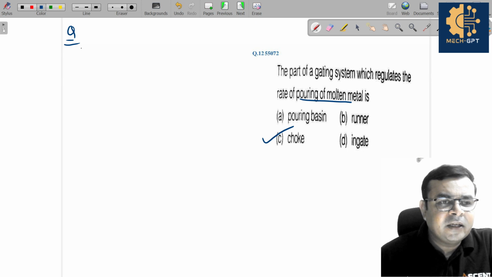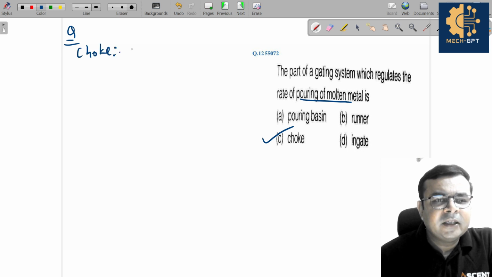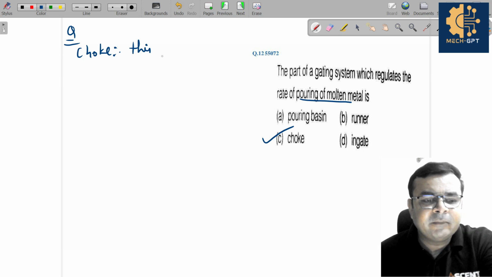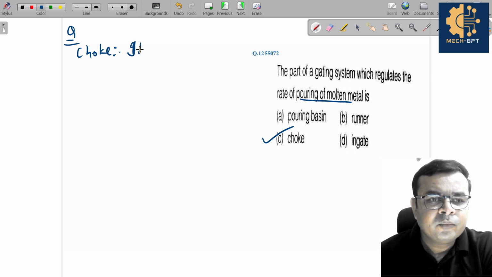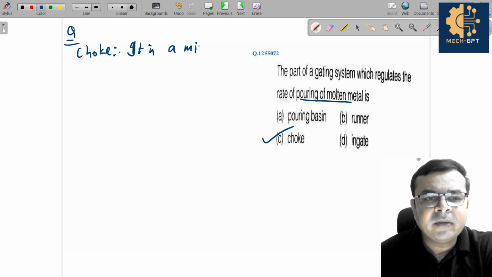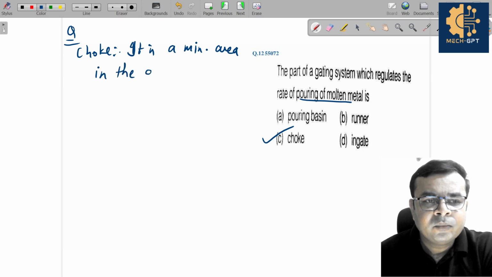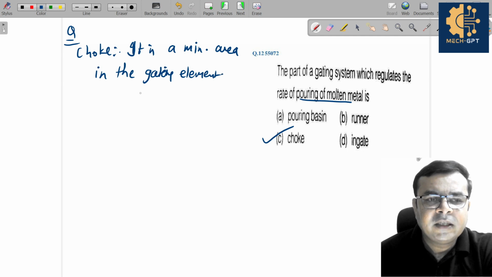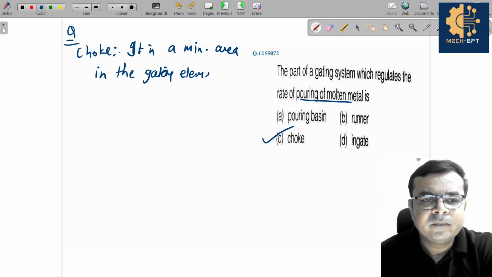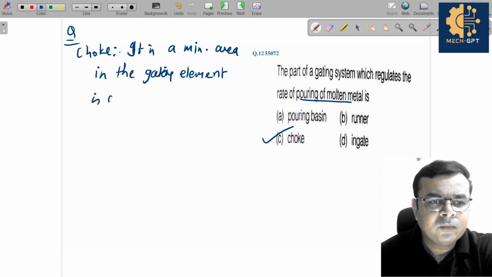Choke is the minimum area in the gating element.